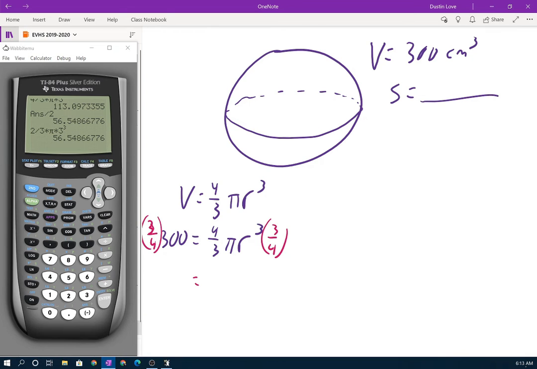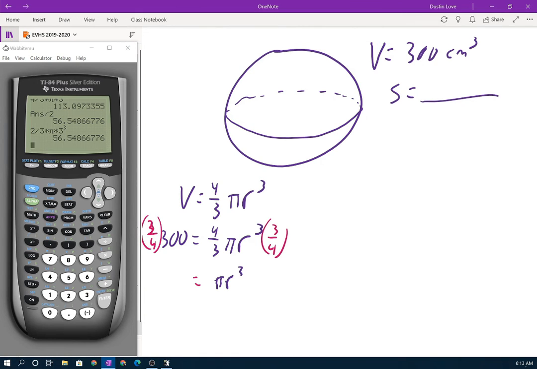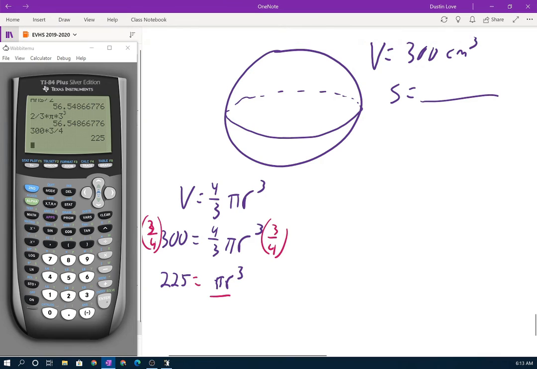So that's going to give me pi r cubed. Now 300 times 3/4 is 225 equals pi r cubed. Now we're going to divide both sides by pi.